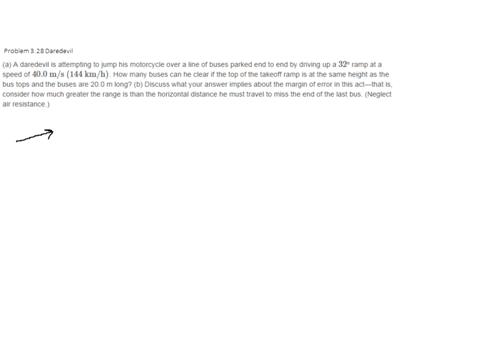So the motorcycle takes off at this angle here, theta. That's V0, and then it ends up, oh, let's try. So maybe the buses are out on a grassy knoll or something like that.